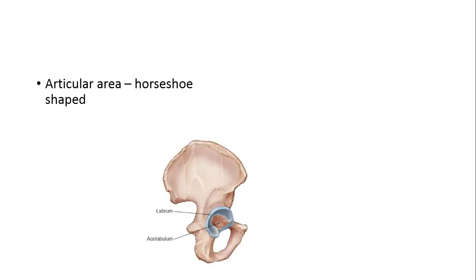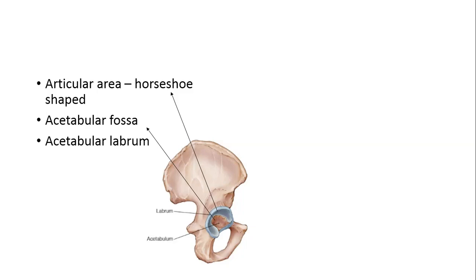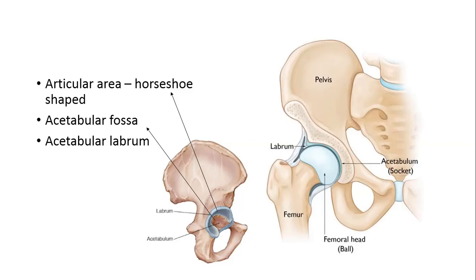This acetabulum has an articular area and a non-articular area. The articular area is horseshoe shaped, as shown in this photograph. This is the horseshoe-shaped articular area covered with hyaline cartilage, and the non-articular area is known as the acetabular fossa. So this is the acetabular fossa. The margin of the acetabulum is covered with a fibrous structure known as the acetabular labrum.